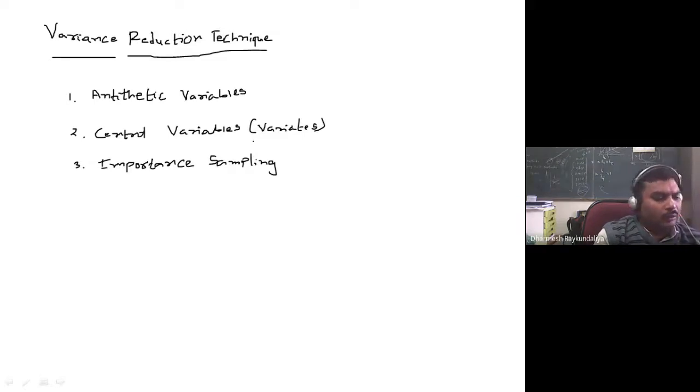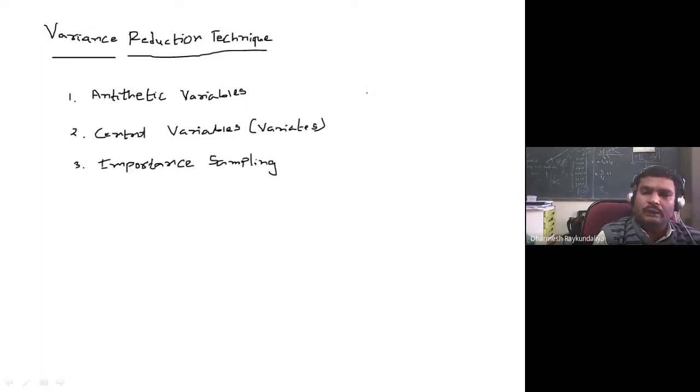So why do we go for Monte Carlo integration? Because our aim is that we wish to integrate a complex function. Whenever you wish to integrate a complex function, what is your aim? That whatever estimate of that complex integration you have, based on a certain technique, is very close to its true value.